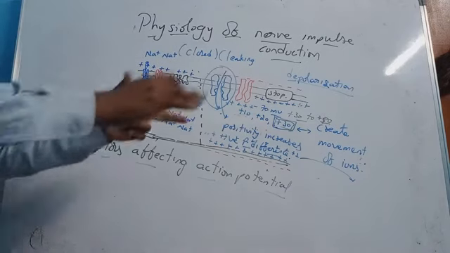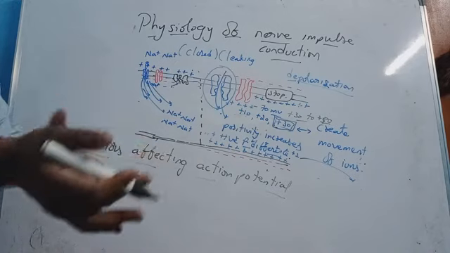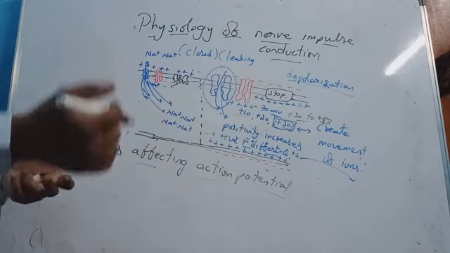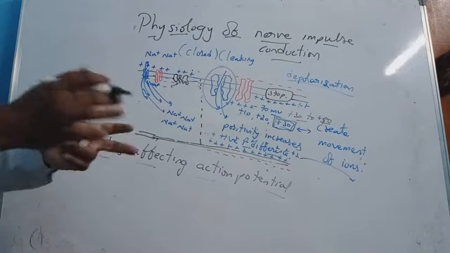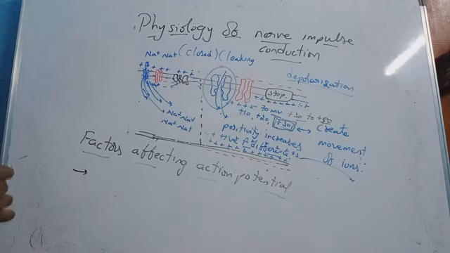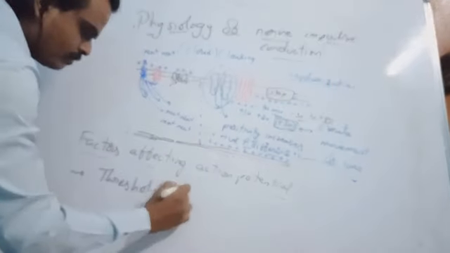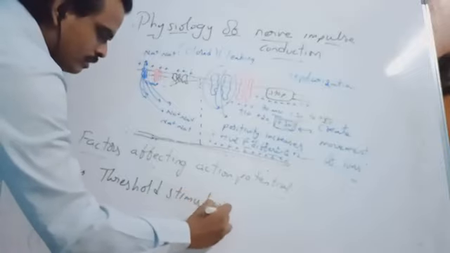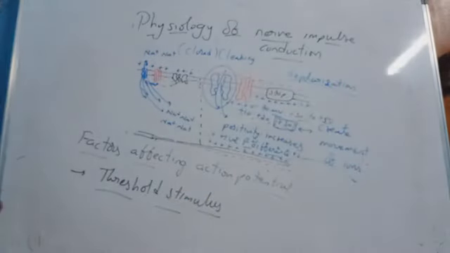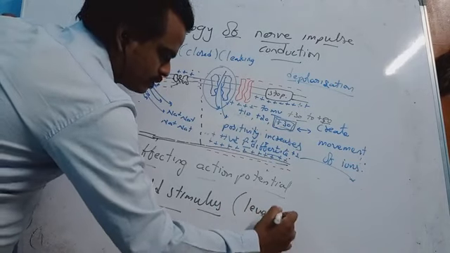Stimulus is nothing but the changing surroundings, but you do not respond to some stimulus and you show a response to other stimulus. Why is that happening? Some stimuli come under the threshold stimulus, or we can say threshold levels.